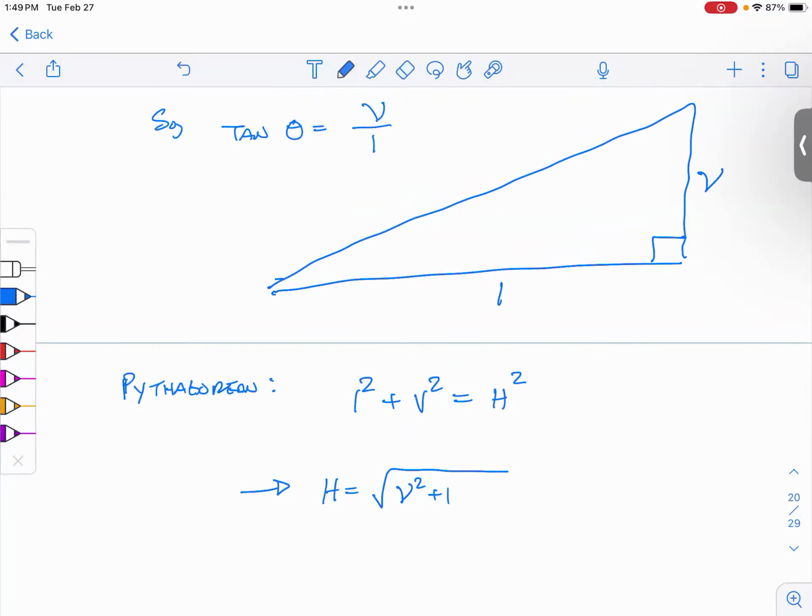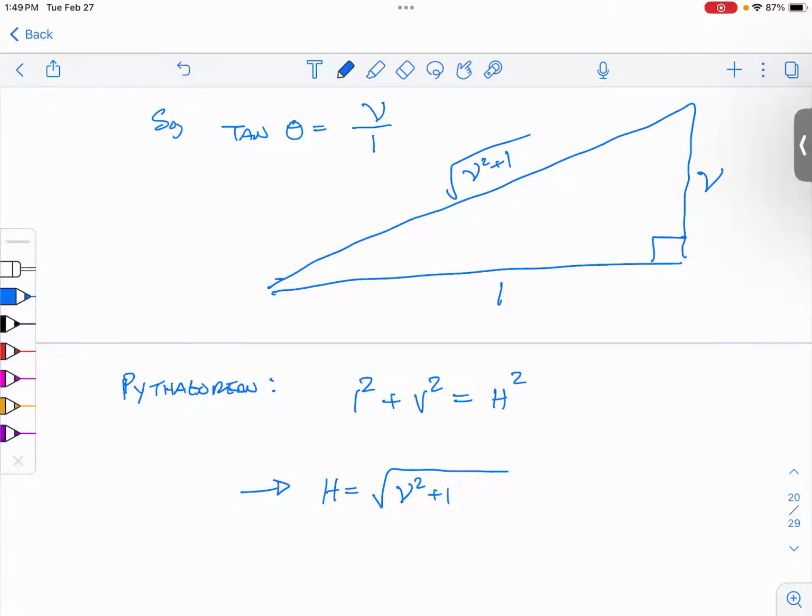So I can then complete my triangle. And again, because V is an unknown variable, I can't simplify it any further than square root of V squared plus 1. And remember the algebra principle: can I just take the square root into the V squared and then the square root into the 1?